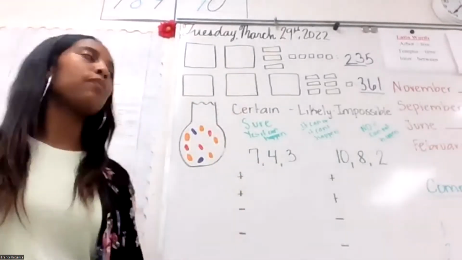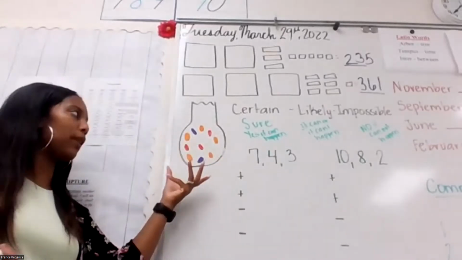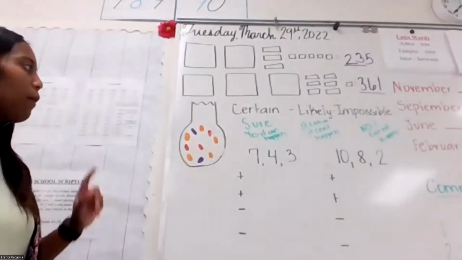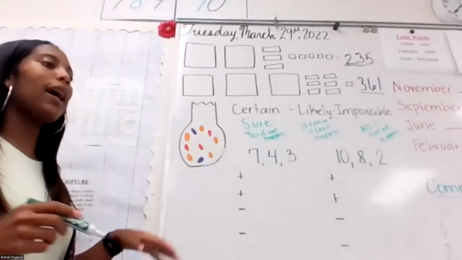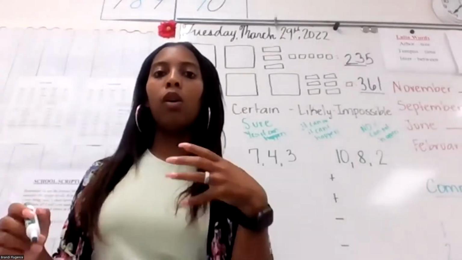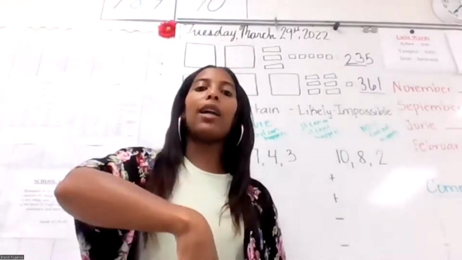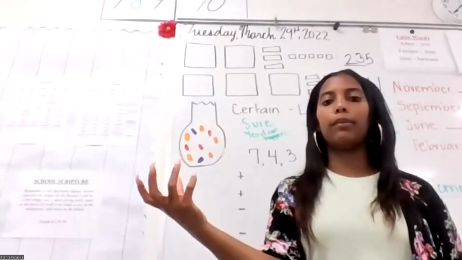It's a no. So look at my bag of marbles that I have inside of here. We have 3 different types of colors inside of our bag. We have 5 orange, 3 red, and 2 purple. Okay? If I had this bag and I did not know what was inside of the bag, if I put my hand in it, I am certain, meaning I'm sure, what color am I going to pull out?